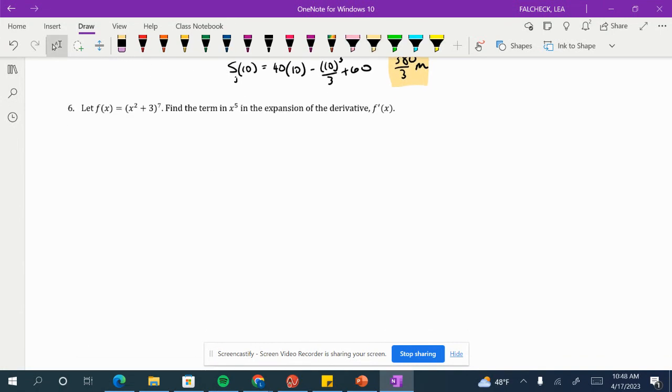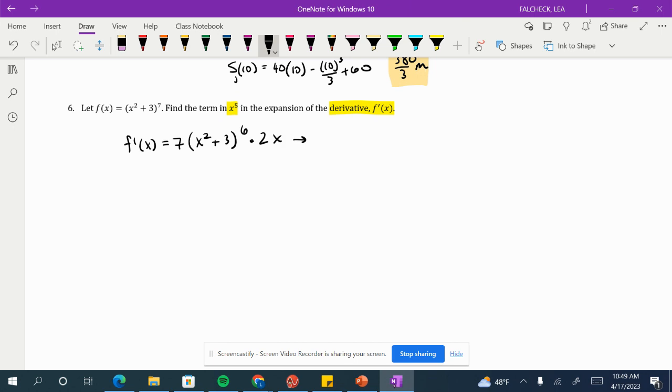Let f of x equal (x squared plus 3) to the power of 7. Find the term in x to the 5th in the expansion of the derivative f prime of x. First, we take the derivative. The derivative of f of x is 7 times (x squared plus 3) to the 6th power, all times the derivative of the inside.